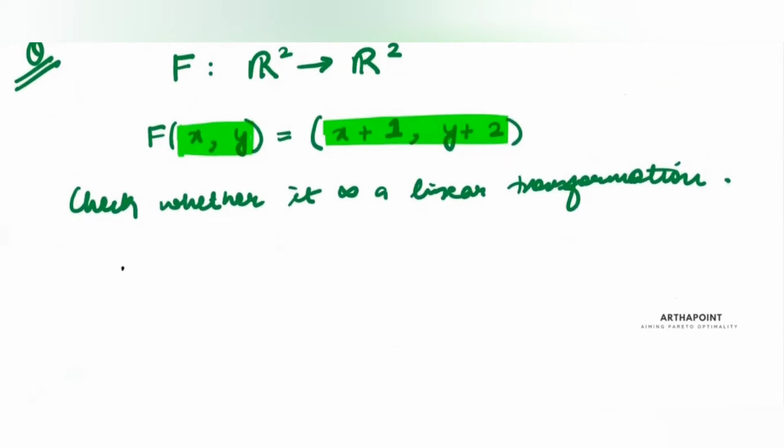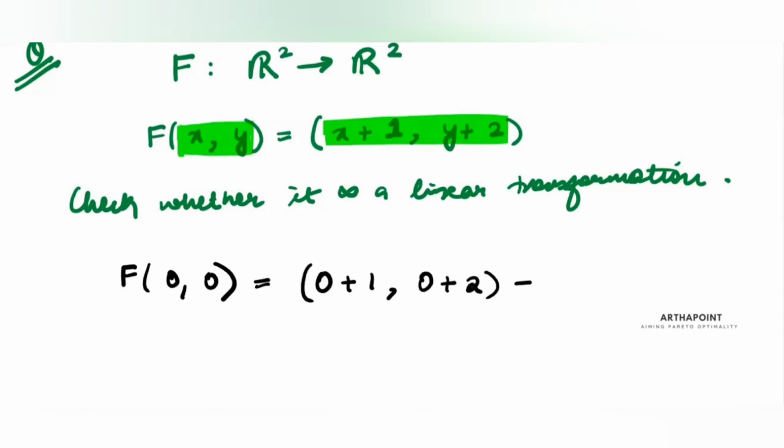Now, when I put my vector as 0, 0, I get 0 plus 1, 0 plus 2, which is 1, 2, which is not equal to 0, 0.